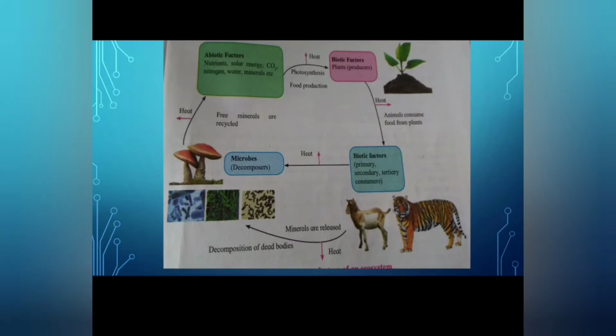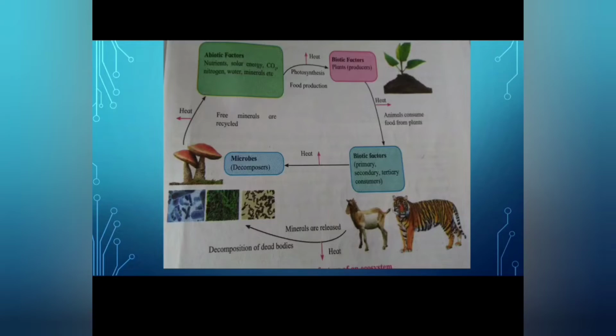These abiotic factors are consumed by plants either for the process of photosynthesis or for their growth, and in turn they prepare their food by the process of photosynthesis. These plants are called primary producers, as they prepare their own food with the help of photosynthesis.